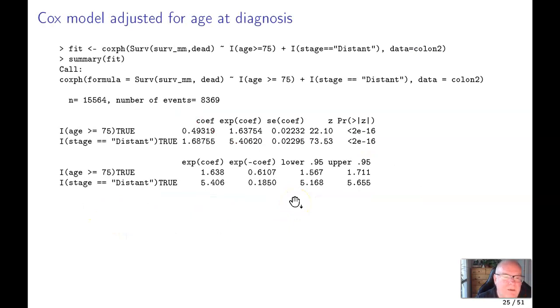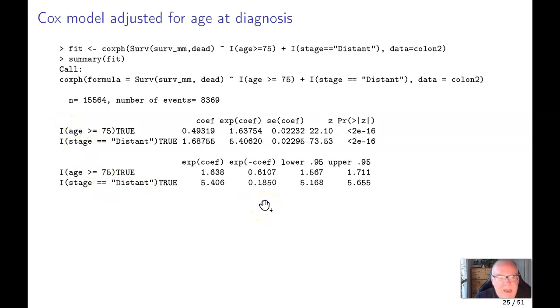Now, what if we want to adjust for other factors? Well, it's the same as other regression models. We just put the other factors in the model. Now, I'm going to keep it really simple. I'm going to adjust for age, classified into two groups: greater than or equal to 75 years at diagnosis, or less than 75 at diagnosis.